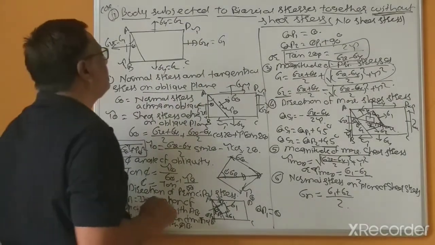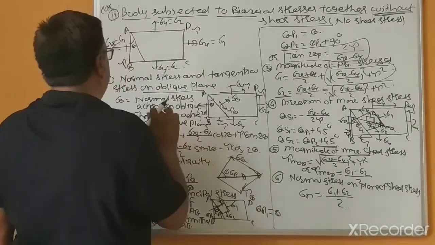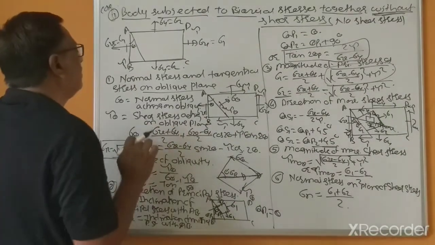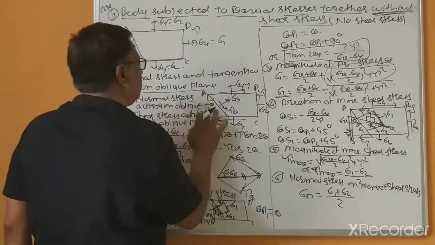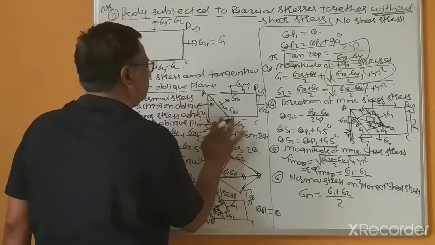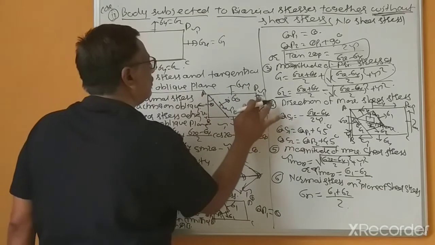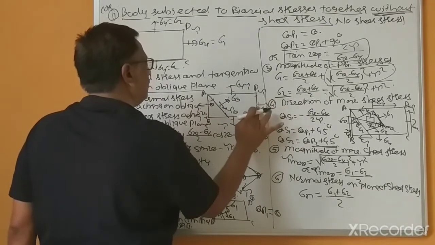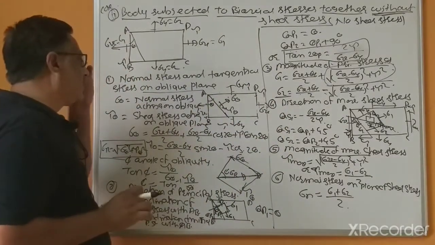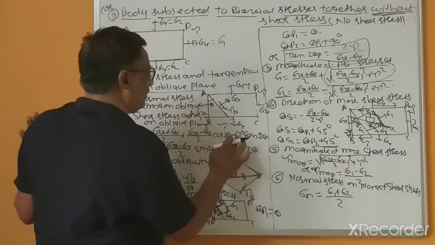Now here there is no shear stress, so tau equals 0.